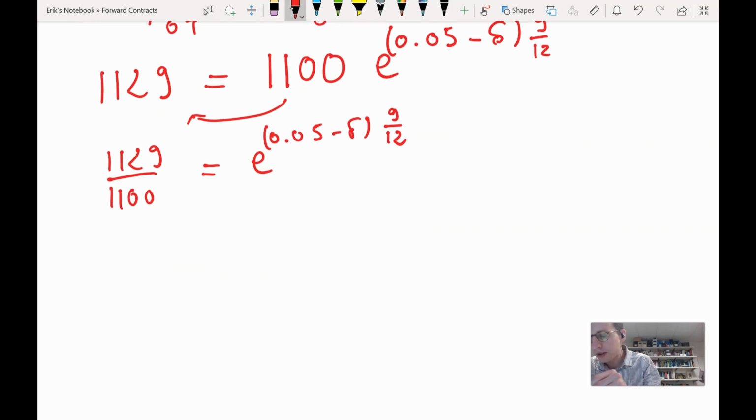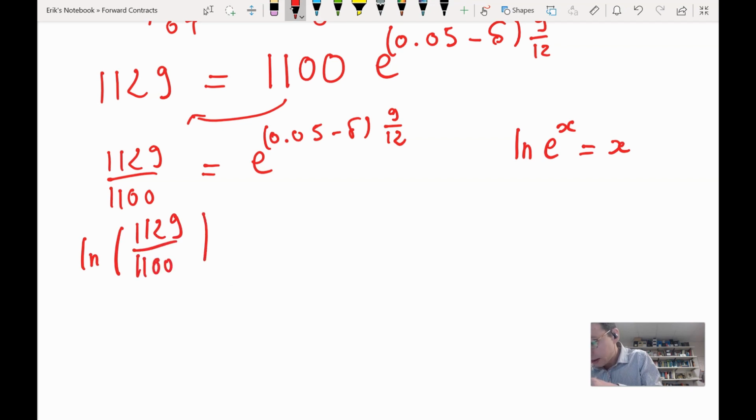If I want to bring all of the exponents down from the exponential, I'm going to use the fact that ln of exponential x is equal to x. So I take the log on the left-hand side, and that's equal to 9/12 times (0.05, that's my interest rate, minus the dividend yield).